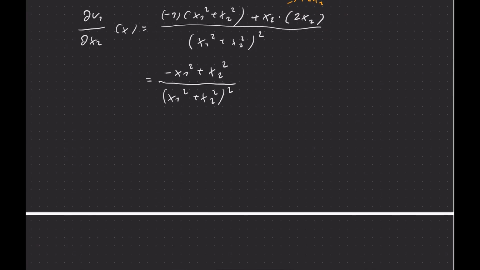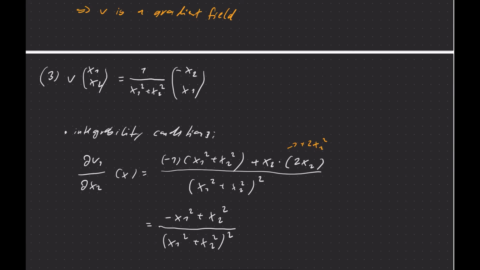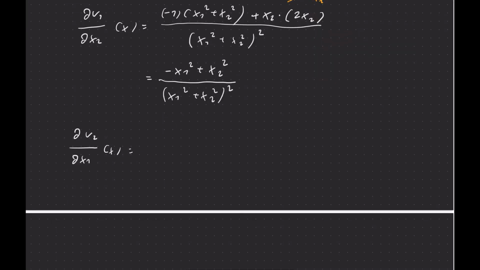So let's compare that with dv2 dx1. That is similar but not quite the same. So we have this expression x1 over x1 squared plus x2 squared. We need to differentiate that. And again, we apply the quotient rule. So we start by differentiating the x1. The derivative of that is 1.